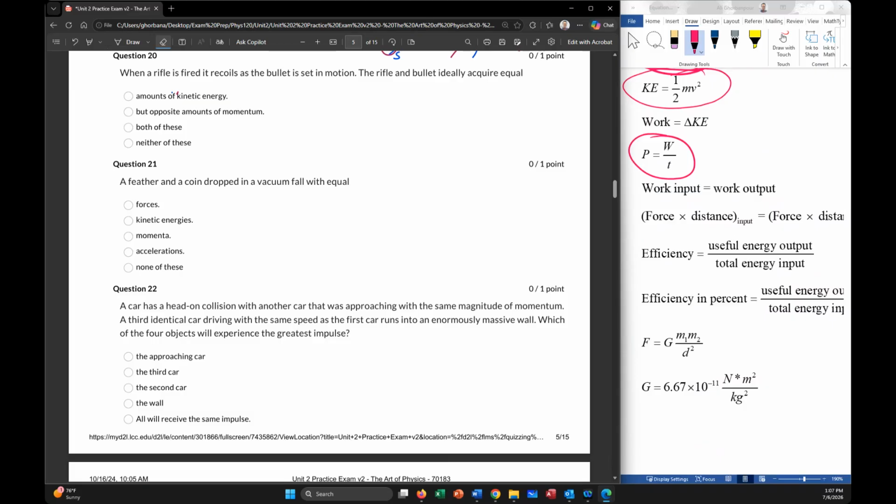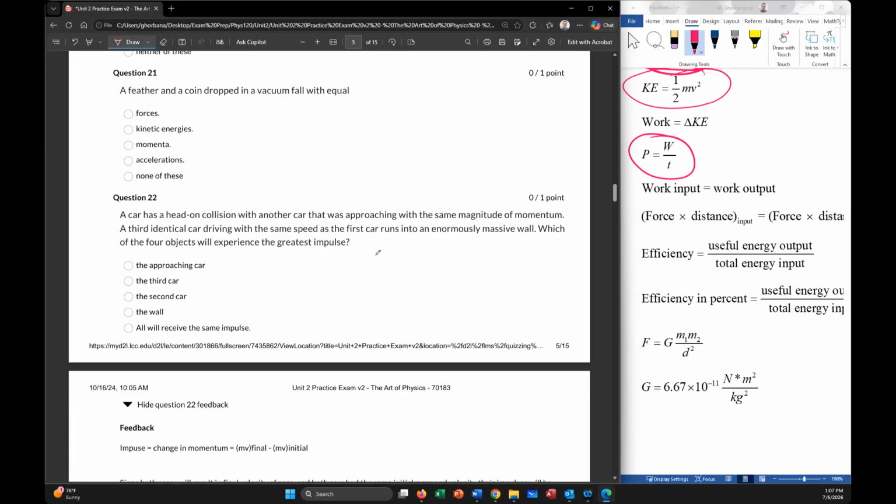But opposite amount of momentum, yes. The momentum of the bullet and the momentum of the rifle will be equal but in opposite direction. Before firing, the momentum of both was zero, yes? Momentum before should equal momentum after. Conservation of momentum. That's why after firing they will have the same momentum but in the opposite direction.